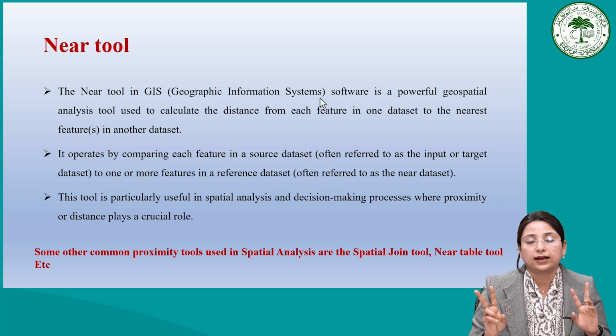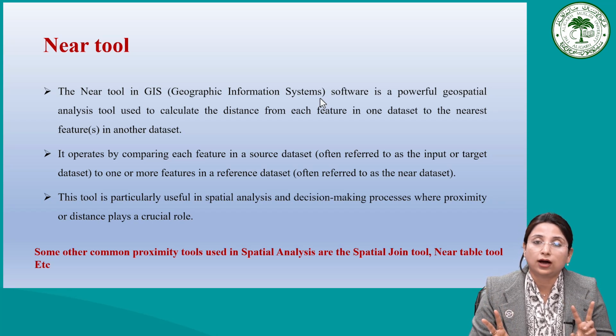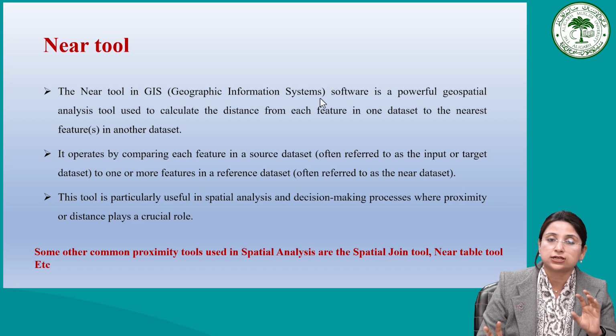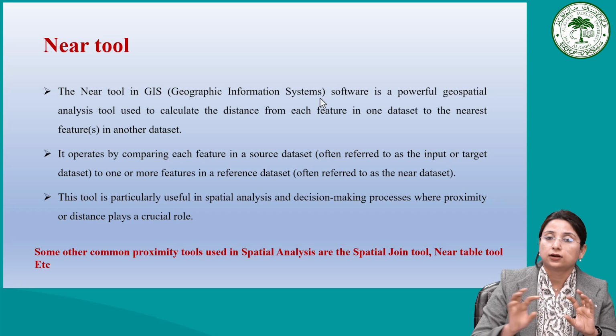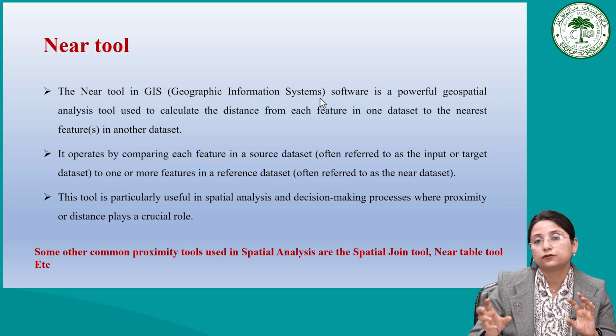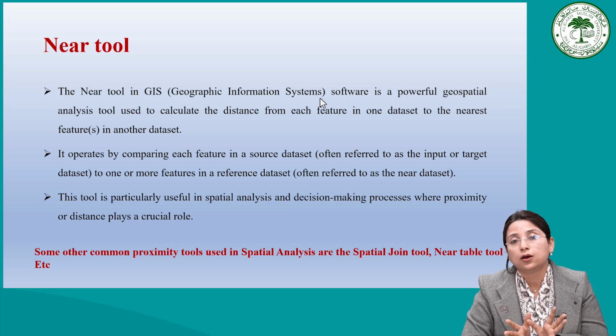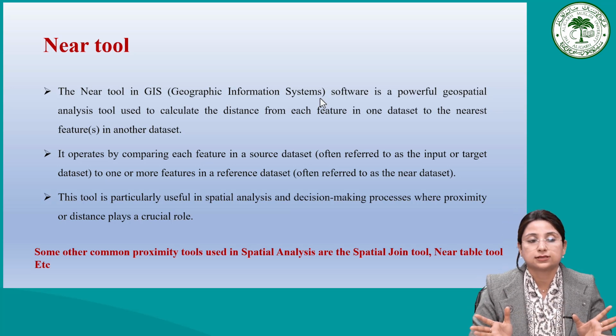Here we have two data sets. The near tool calculates the distance of features in one data set to the features of the other data set. Calculating the distance means finding nearby places.